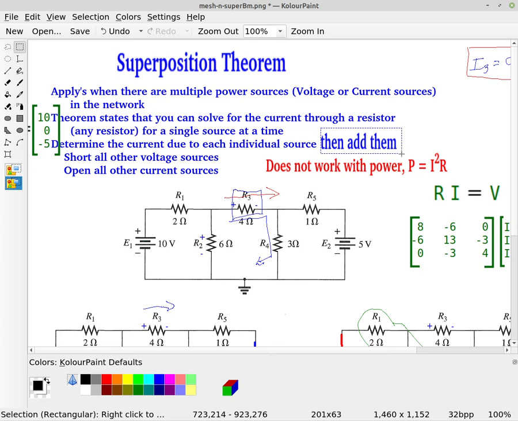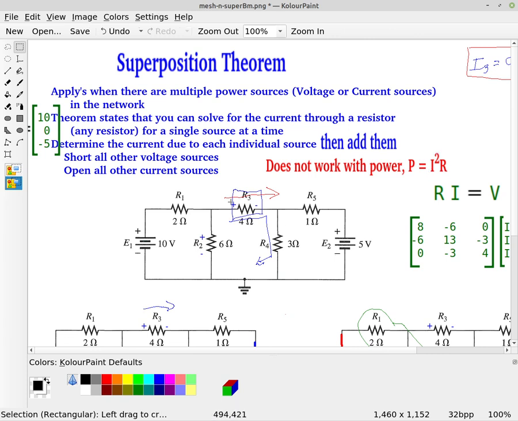But this only works for the current and effectively the voltage because those are linear. If you wanted to find the power, you simply use the power law, I squared R, to find the power.